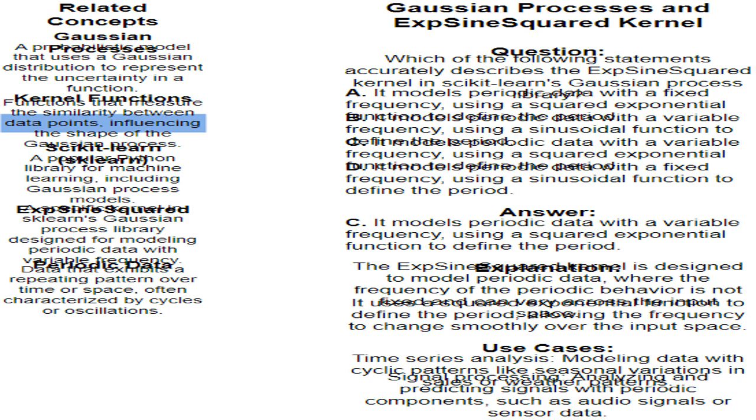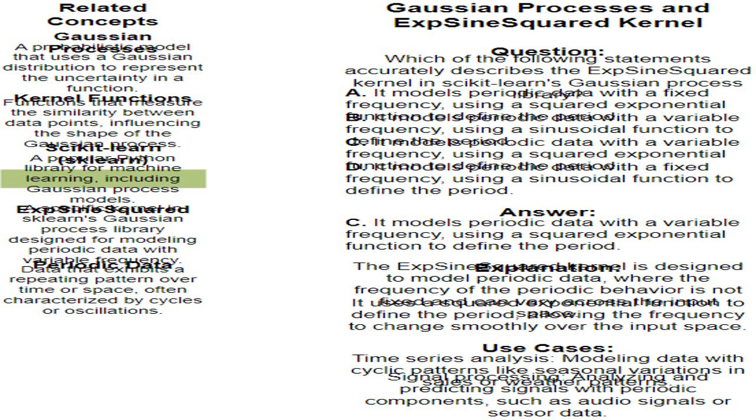This closeness information is used to build a smoother, more continuous function that captures the underlying relationship between the points. A popular Python library for machine learning, including Gaussian process models. In Python, you can use the Gaussian process regressor class from scikit-learn to fit a Gaussian process model to your data.